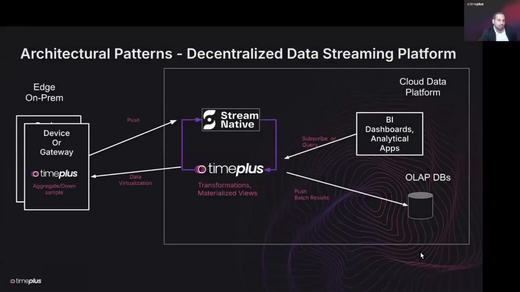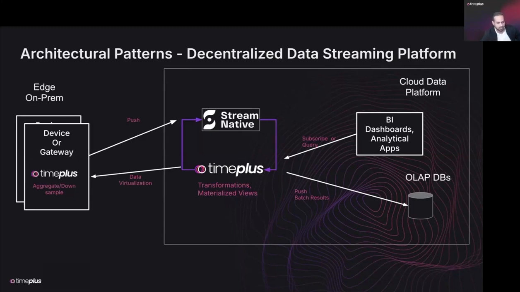Next slide, please. So another architectural pattern here, because Timeplus is so small, it's a lot of functionality shoved into a single 200 megabyte binary. You can use it for these kind of hybrid cloud or hybrid region scenarios. So for example, in an edge case scenario, you can install Timeplus on these devices.